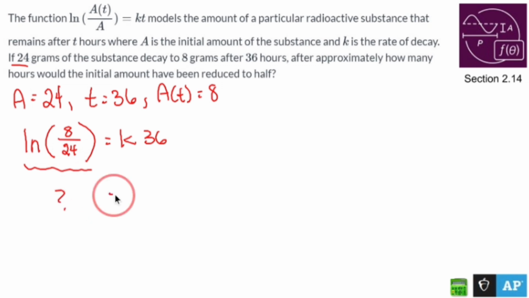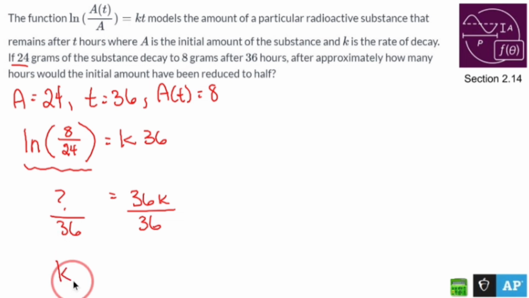Once I get that gross number, I'll have 36 k. I'll divide both sides by 36, and then k will equal something brand new. So one more time, I'm going to find out what ln of 8 over 24 is, get a number, divide that number by 36. That gets me k, which is my rate of decay, something that I'm going to need in order to do part 2.